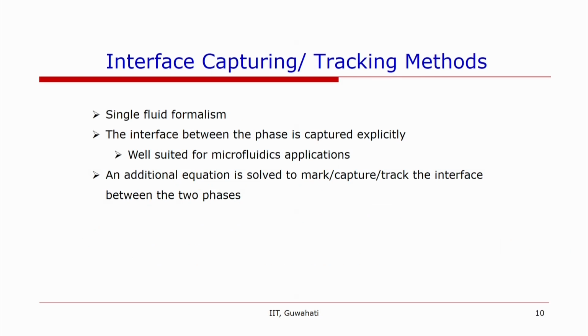So, for two-phase flows, we have written down the equations and we have understood the boundary conditions. Now, there can be a number of different approaches to model multi-phase flows.